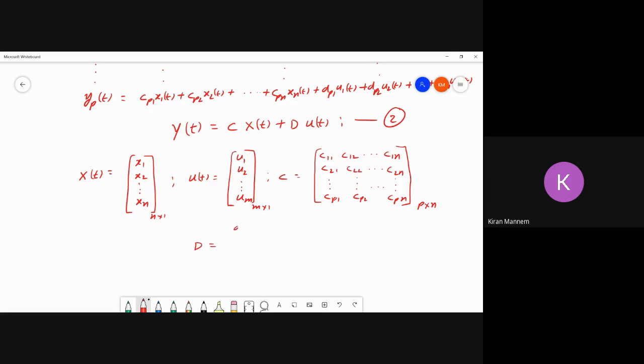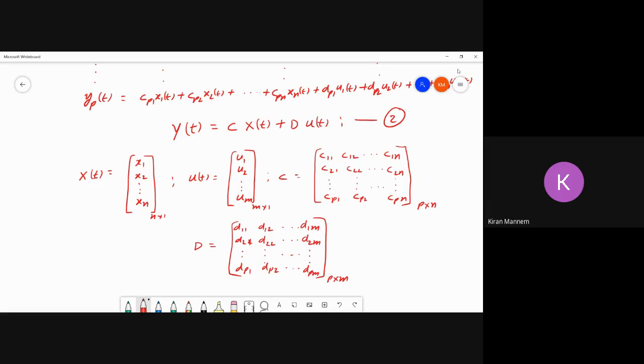And D would be D11, D1m, D21, D22, D2m, up to Dp1, Dp2, Dpm, which is a p by m matrix. Okay.